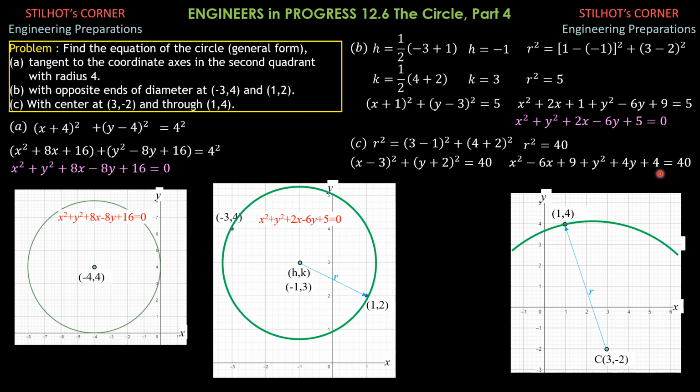So 9 plus 4 is 13, minus 40, negative 27. So the equation of the circle is x square plus y square minus 6x plus 4y minus 27 equals 0. So that's the equation of this circle, and we put the equation as x squared plus y squared minus 6x plus 4y minus 27 equals 0.